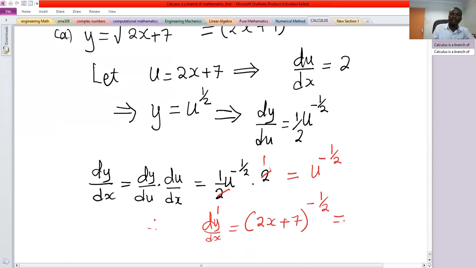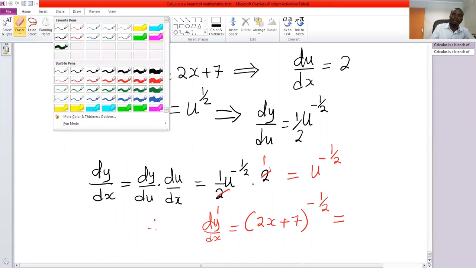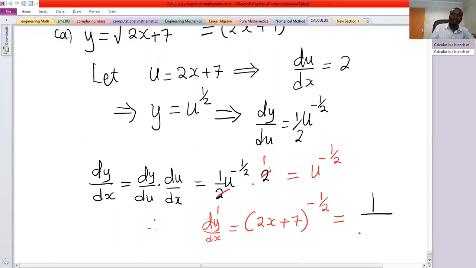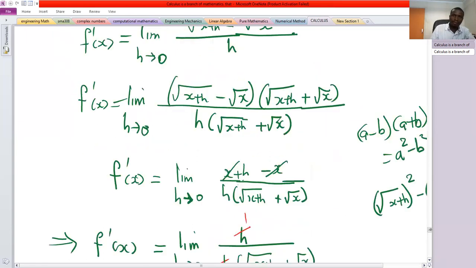This can as well be written as 1 over the square root of 2x plus 7. So that's the first one.